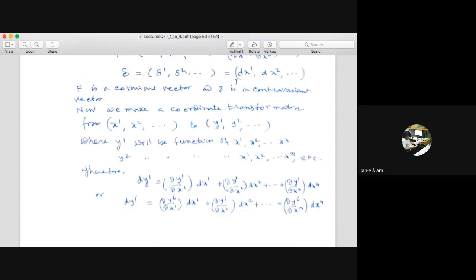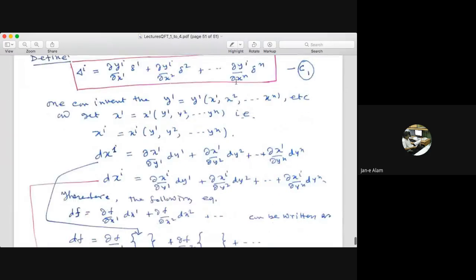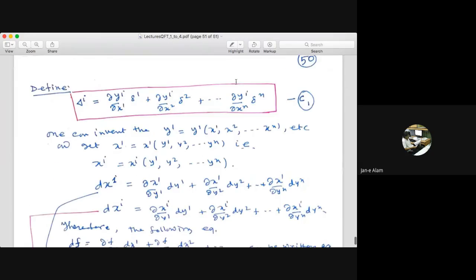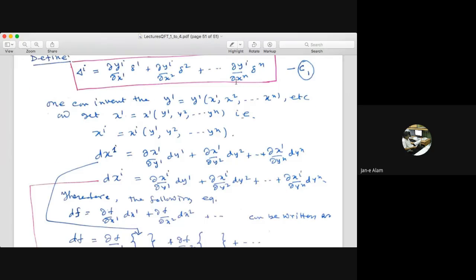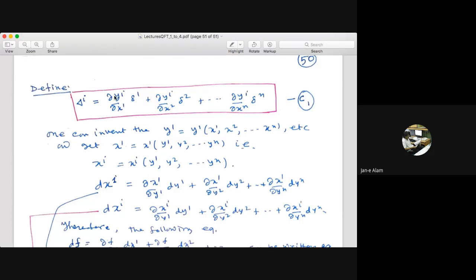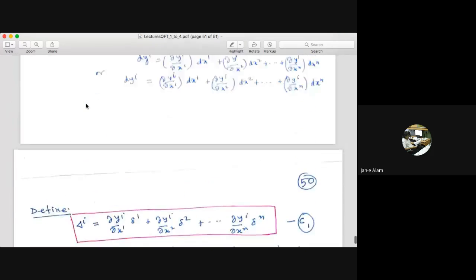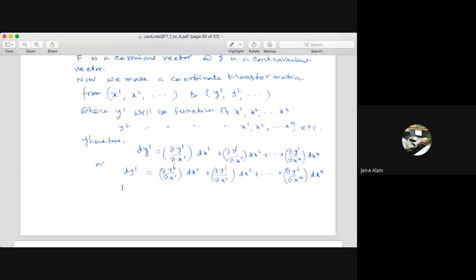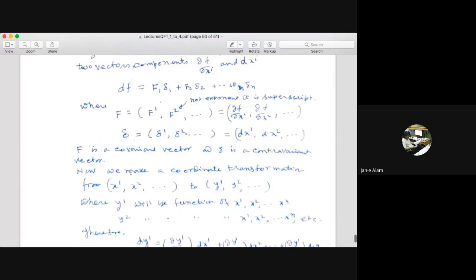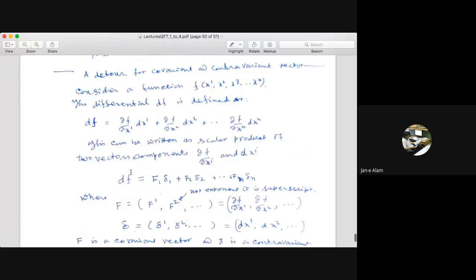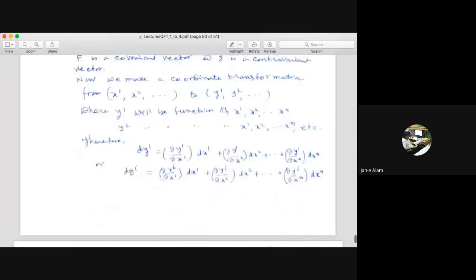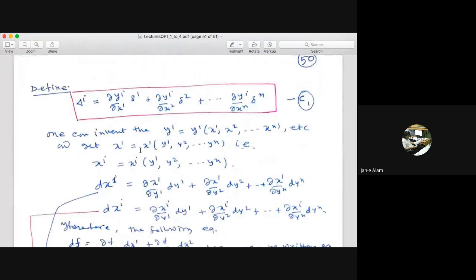Actually, this works out very well on the board, but somehow we don't have the chance to do that. So this is how the total differential of y1 in the new coordinate system will look.